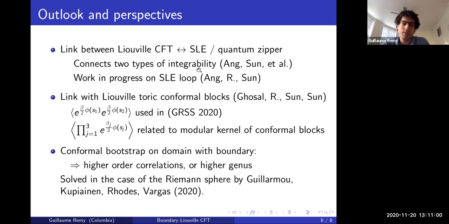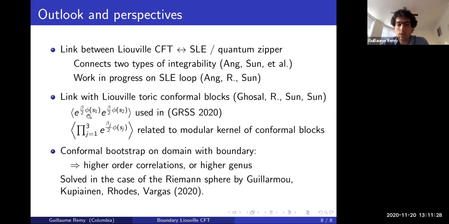The other thing is I've been doing some work with Promit, Shin, and Yi on the conformal blocks of Liouville theory. For physicists, it's really the most important object, giving you solvability of conformal field theory. In the work we posted earlier this year, we had to use the exact formula for the boundary two point function in some place in our proof strategy.